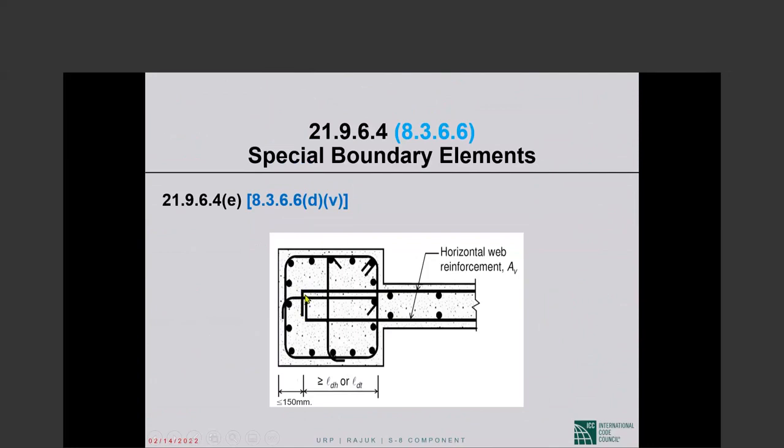Okay, you bring it close to the end of the shear wall, keeping sufficient cover, but do not make this distance from the end of the hook to the end of the wall more than 6 inches. That is, in very basic terms, to grab as much concrete as you can with the horizontal bars. This is a very crude, common sense kind of requirement. Okay, so go as far as you can into the boundary element, come within 6 inches of the end of the shear wall, not compromising the cover requirements.